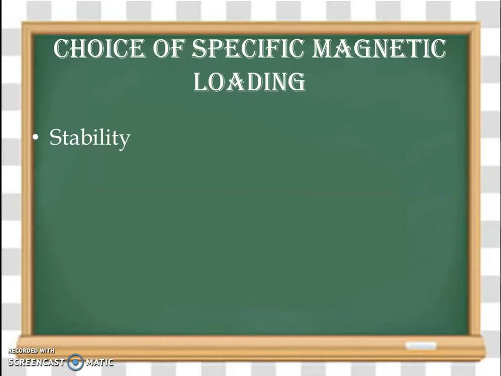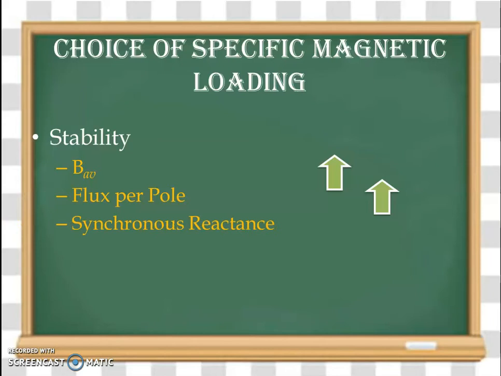So now again, if we go for a higher value of specific magnetic loading, then flux per pole will be higher, and as a consequence we require a lesser number of turns per phase, and we know that synchronous reactance is directly proportional to the square of the number of turns per phase.